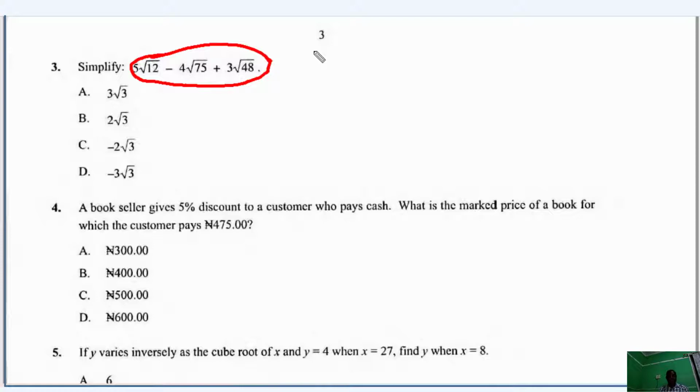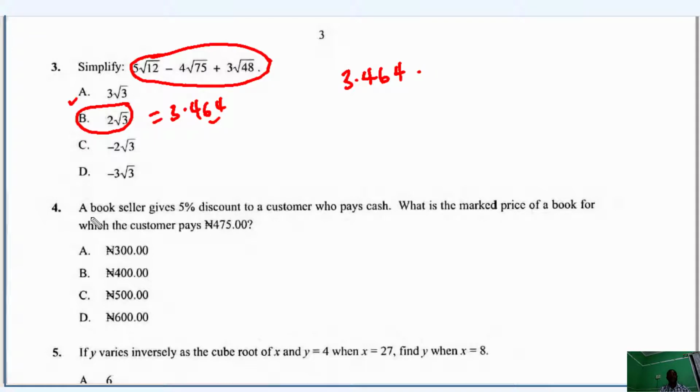You punch everything into the calculator. The calculator will give you 3.464. So you check all the answers; the one that will give you this will be the answer. So we start with 3 root 3, no, 2 root 3, good. So 2 root 3 will give you exactly 3.464. That will be the answer. Good.